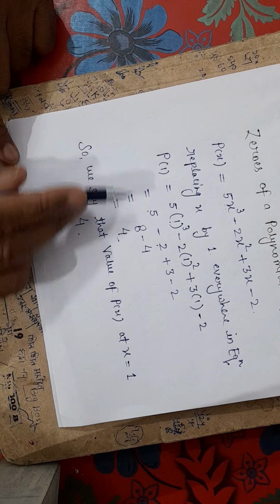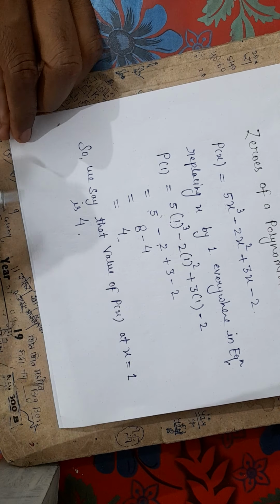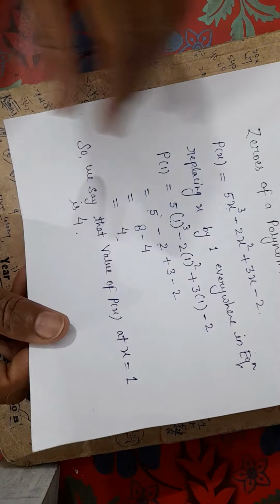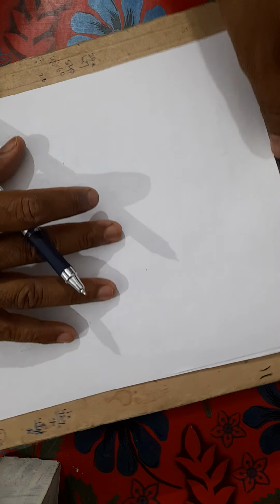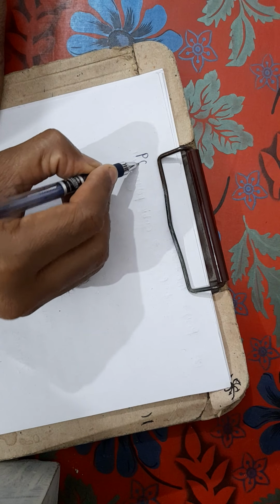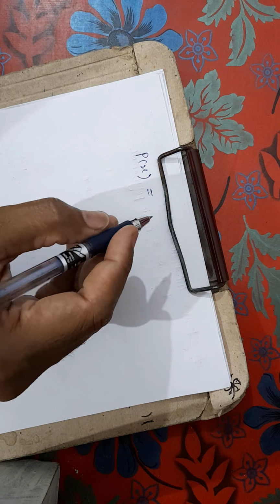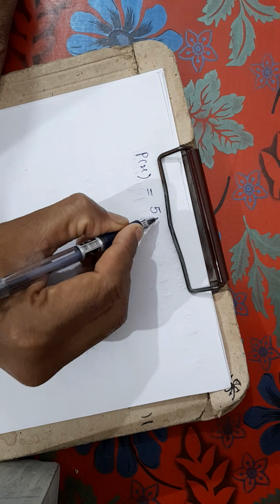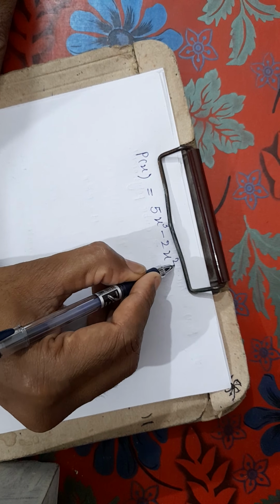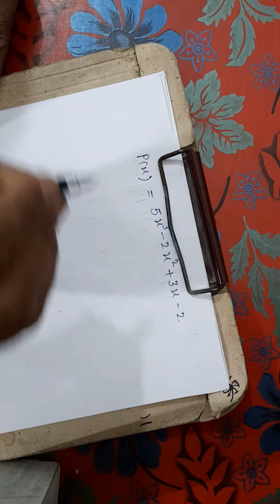Now first we let the value of x equal to 1, but in the next solution we will take x equal to 0. Which polynomial? The polynomial is p(x) equal to 5x cube minus 2x square plus 3x minus 2.